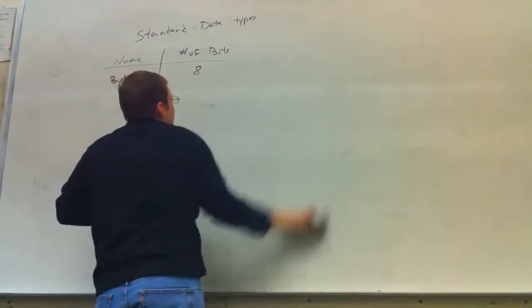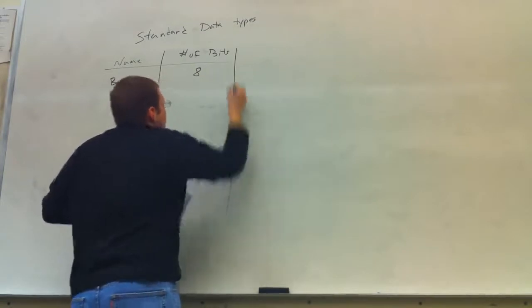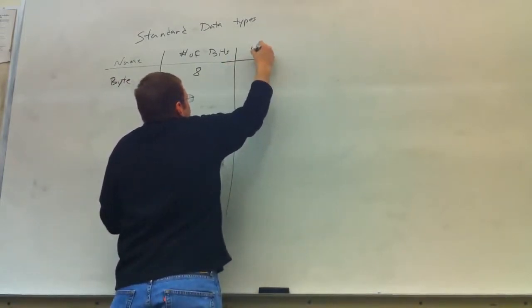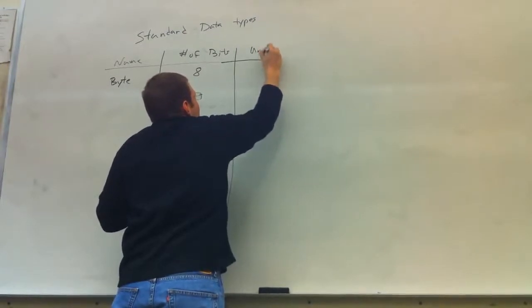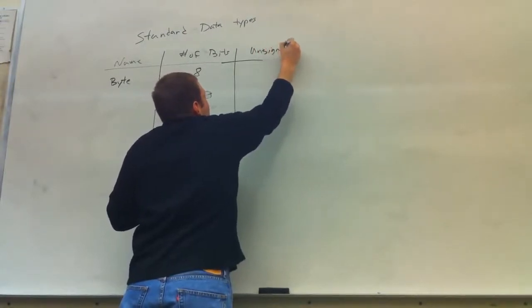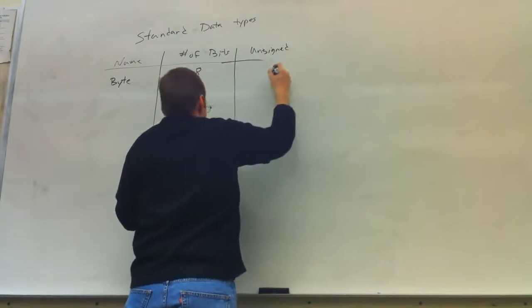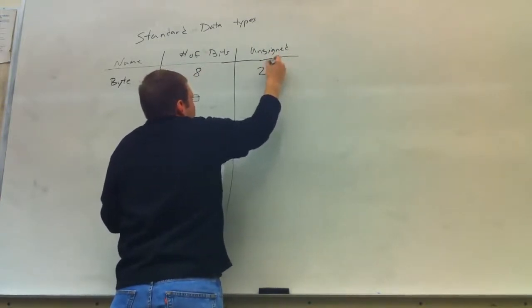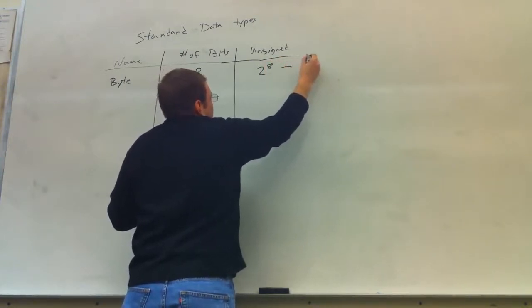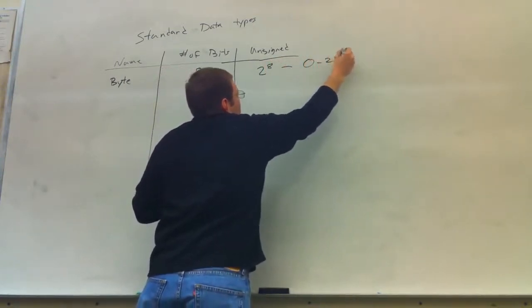I'm going to give you the unsigned, so we go to the 8th, which is 0 to 255.